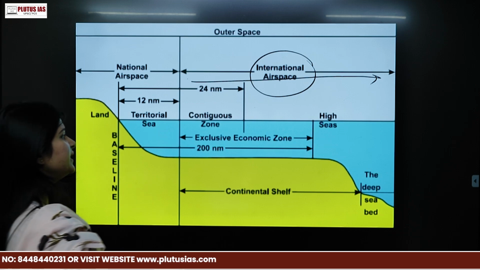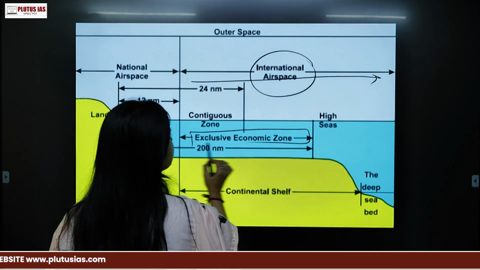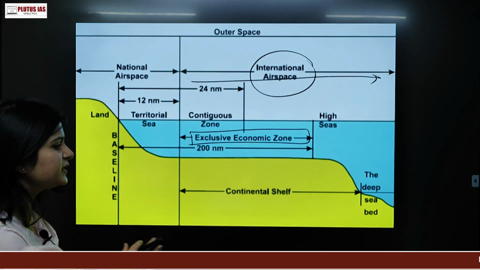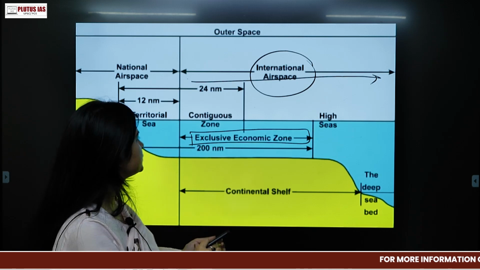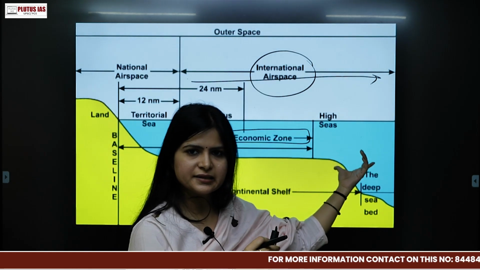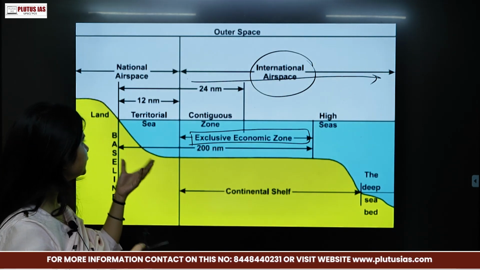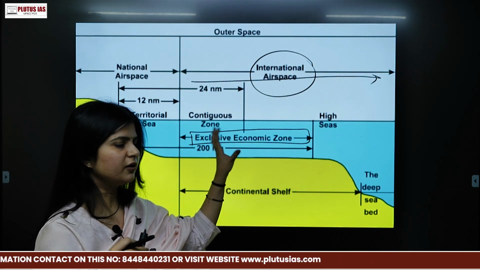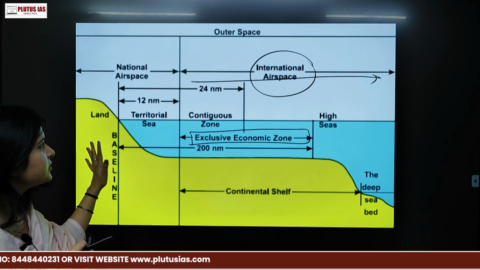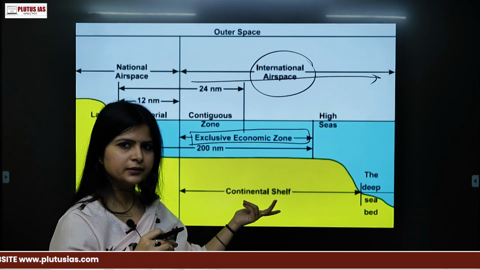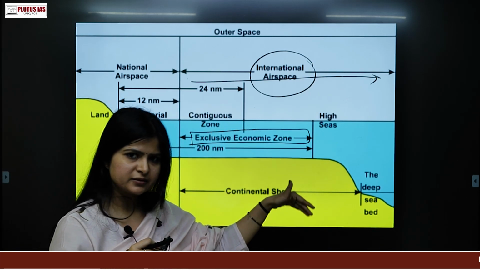Next we have the exclusive economic zone. The exclusive economic zone is the intermediary between the contiguous zone and the high seas. In between lies the EEZ. Now what is the feature? It is 200 nautical miles away from the baseline, right? And international airspace is allowed there. Innocent passage is allowed.